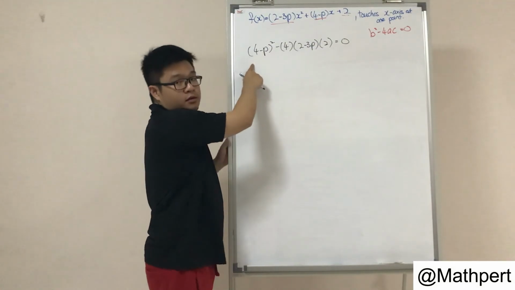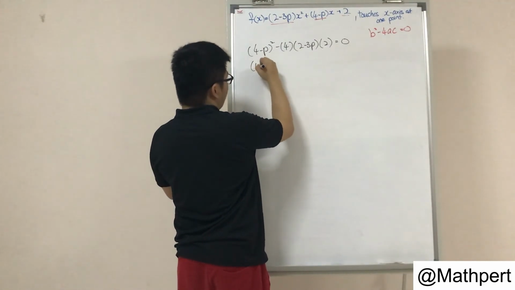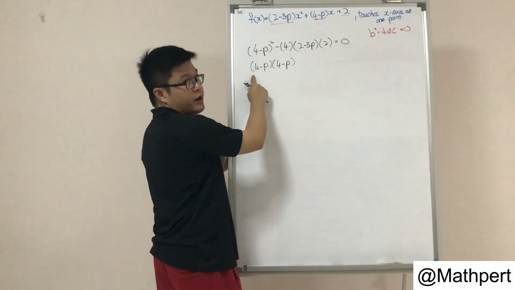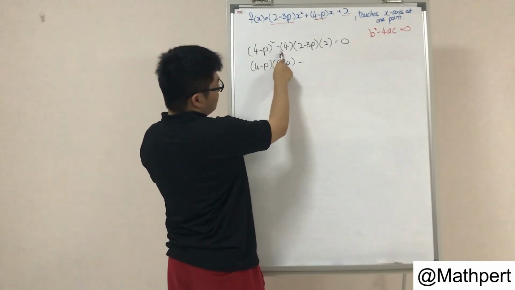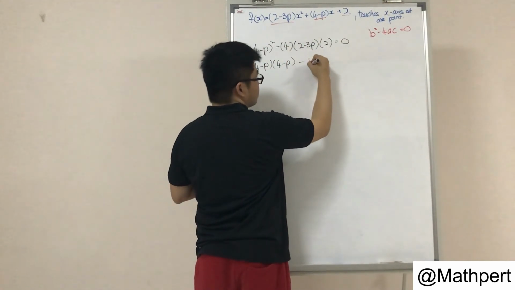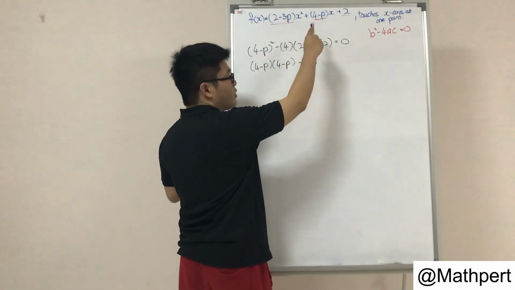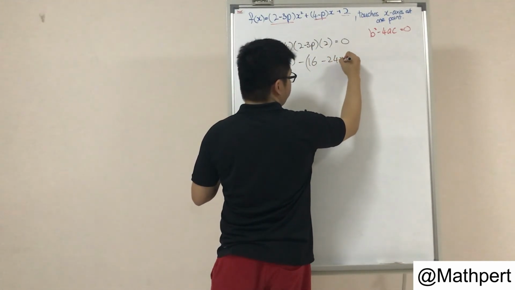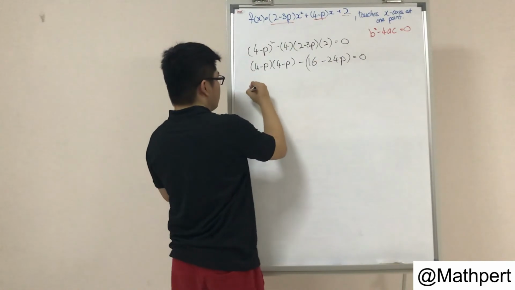Now we expand this equation. 4 minus p squared we rewrite into 4 minus p multiplied by 4 minus p, and then we get 4 multiplied by 2 is 8, 4 multiplied by -3 multiplied by 2 will be -24p, equals 0.